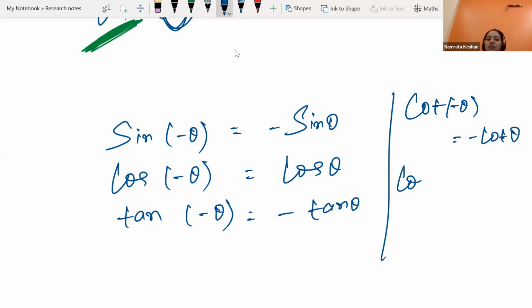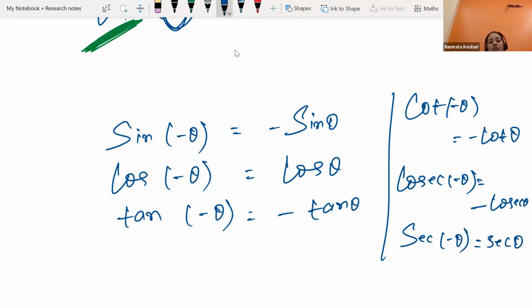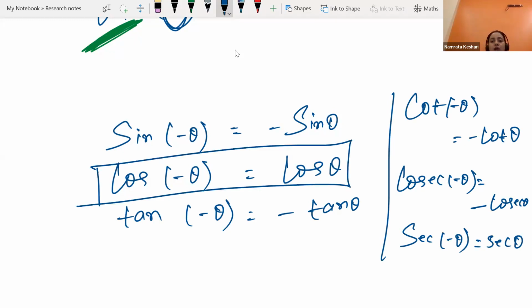Cosec of minus theta is minus cosec theta. And sec of minus theta is just sec theta. So you can see the remaining trigonometric ratios, sine, tan, cot, cosec, have a negative sign in front, except cos and sec, right? This is also one of the concepts, which if you want, I'll show you with the help of the unit circle. But this is the concept.